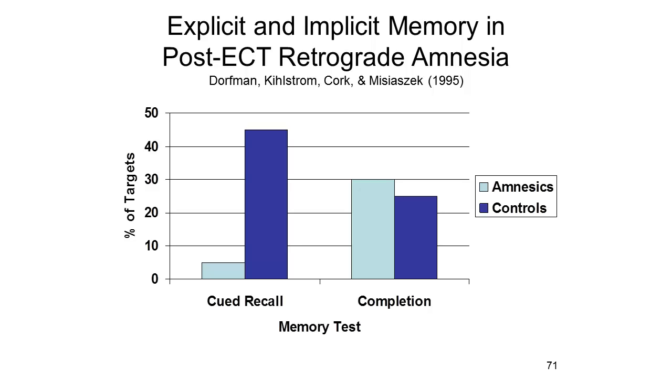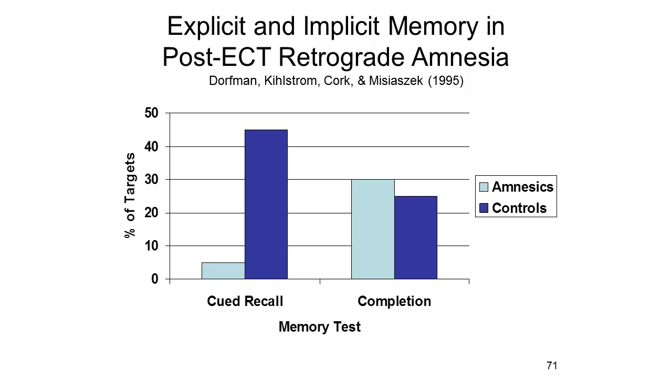But when we gave them a completion test, they performed as well as controls, in fact a little bit better. They showed priming on the completion test even though they didn't have very much recall of the words to begin with. Implicit memory, represented by priming effects on word completion, was spared even though explicit memory, performance on the recall test, was grossly impaired.